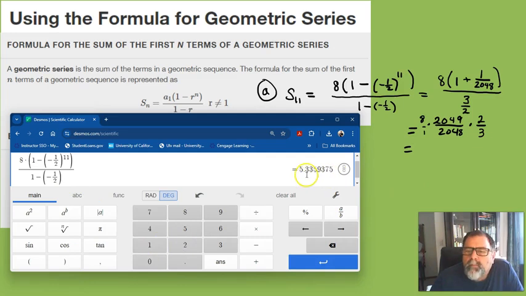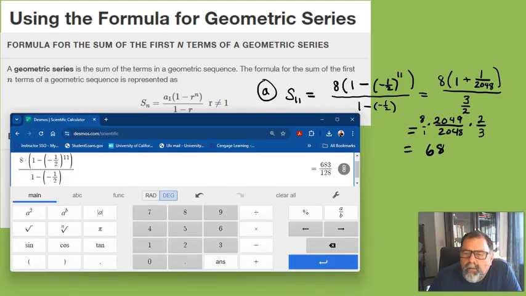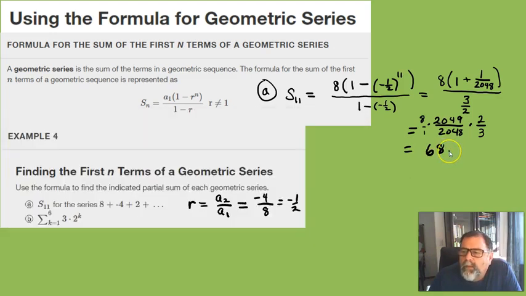So minus 1 divided by 2. And you can see that's 5.33. If I want a fraction, which is what I was going to do over here, just reduce it. So you would end up with the same fraction. Okay, so either one, 683 over 128.